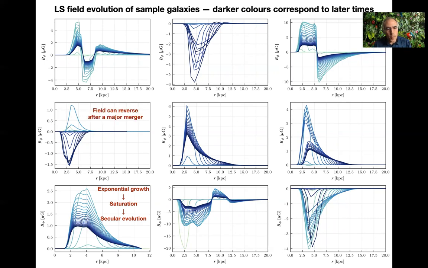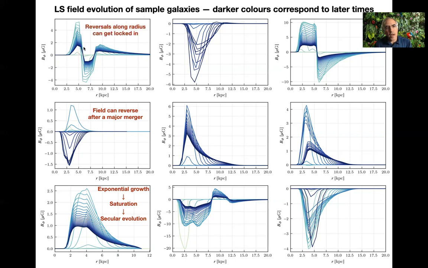Another example, the one above, is similar, but the difference is that at one point during the simulation, the field got reset after a major merger and then the field again started to grow by the dynamo, but it happened to have the opposite sign. That's just random, based on the random seed field.